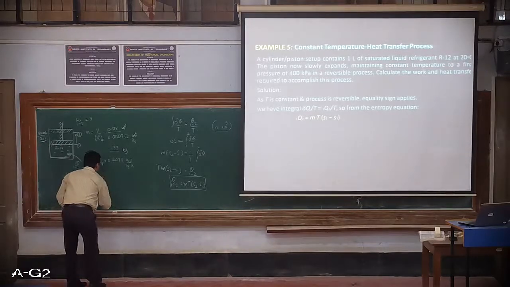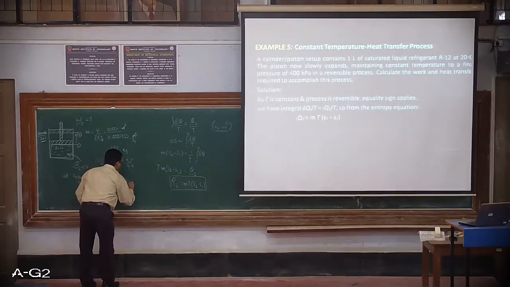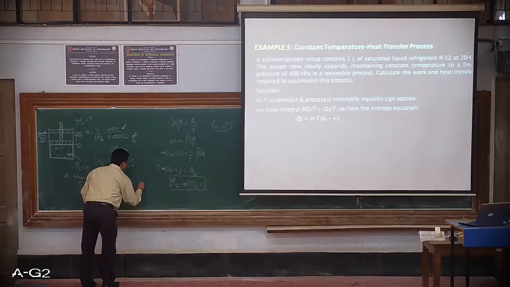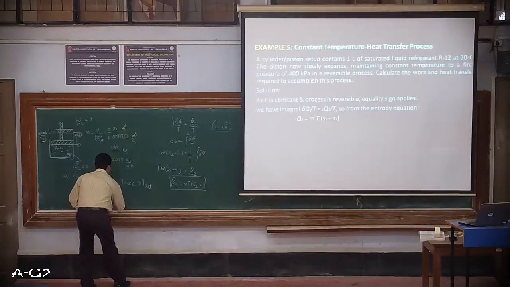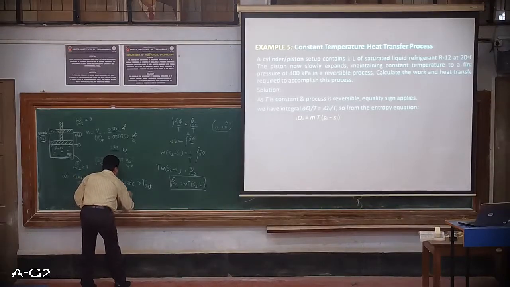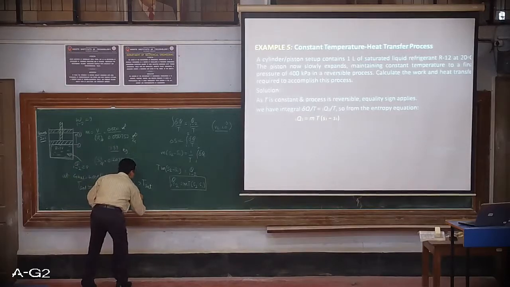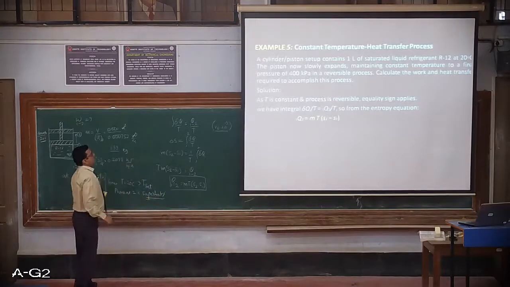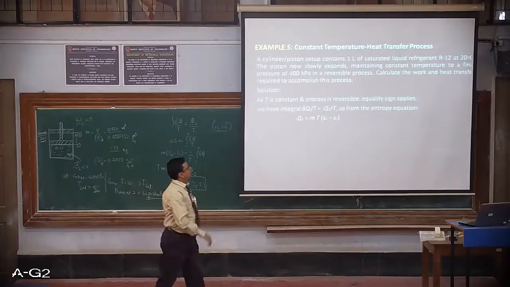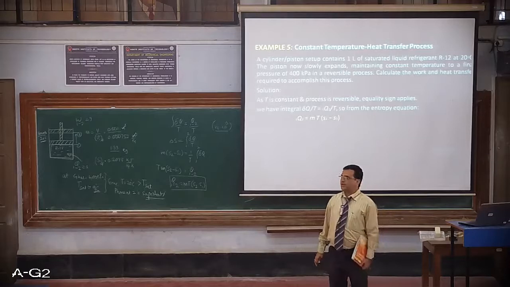Since the given temperature of 20 degrees Celsius is greater than its Tsat, we can say that the phase at state 2 after transferring heat is superheated. That means it is changing its phase from the given saturated liquid phase to superheated vapor.